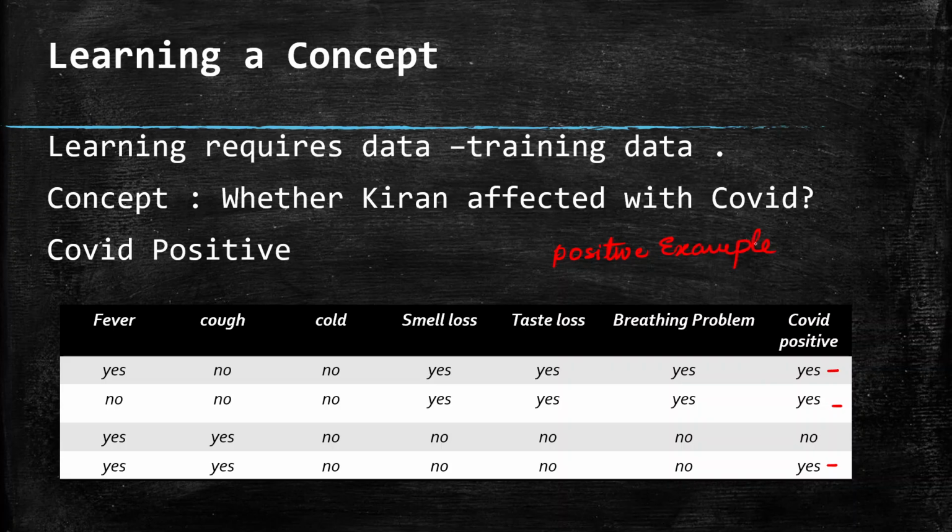And which has answer no is called a negative example. So, we have 3 positive examples and 1 negative example.